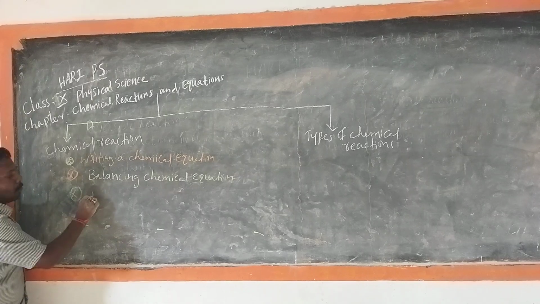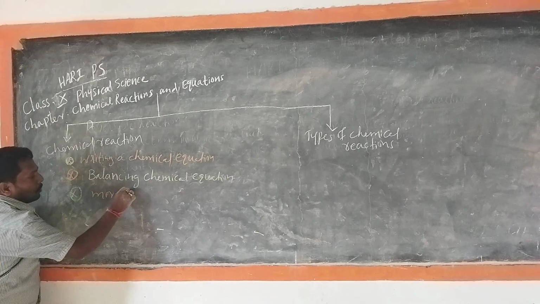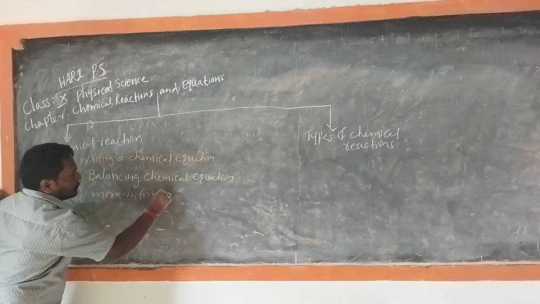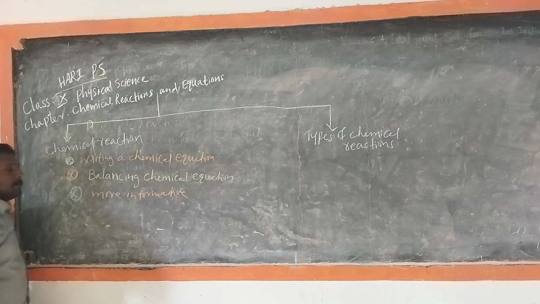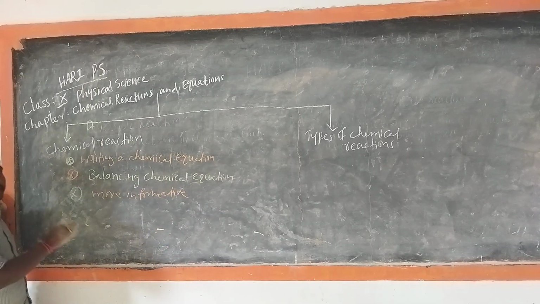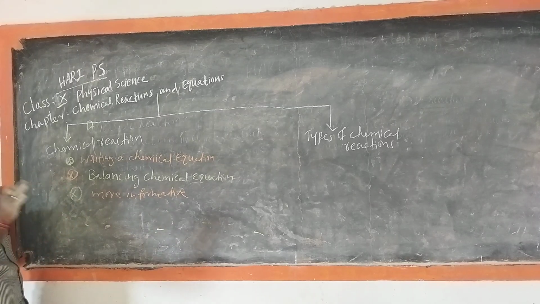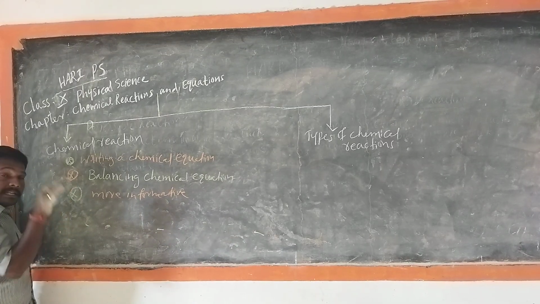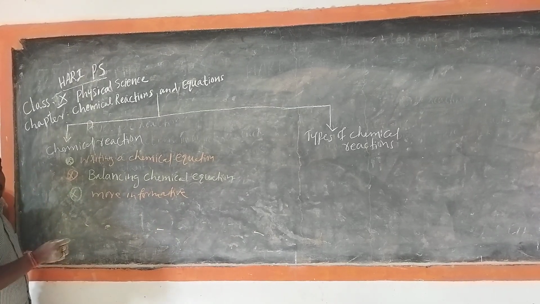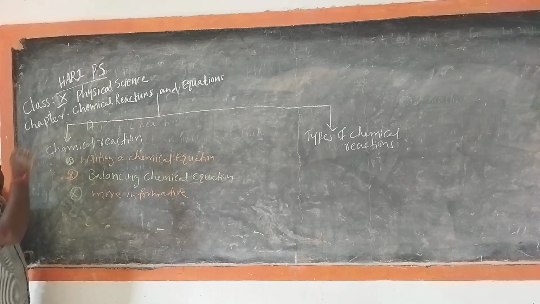We also discussed how to make a chemical equation more informative. How do you write it more informatively? By representing the states: solid, liquid or gas. If any precipitate is formed, a downward arrow. If any gas is liberated, an upward arrow.